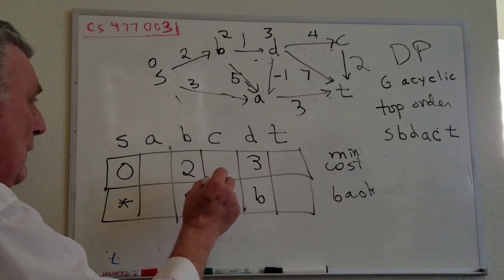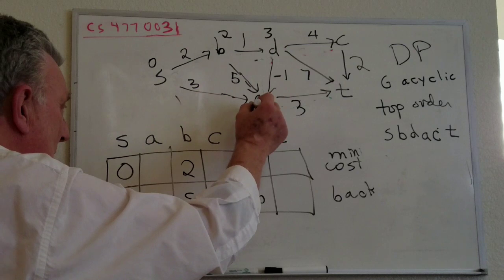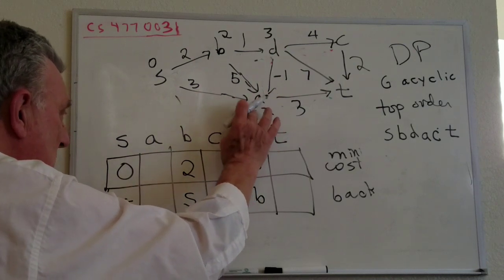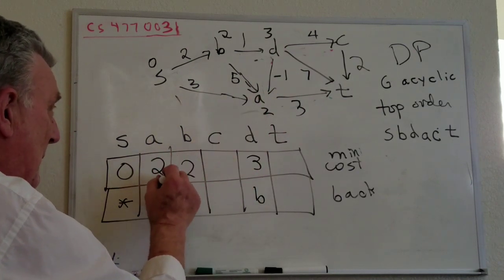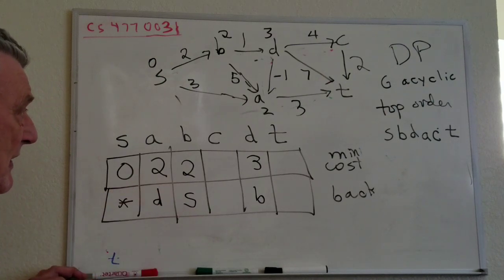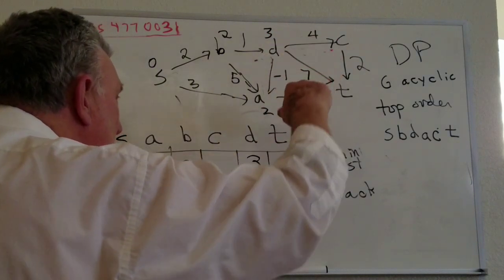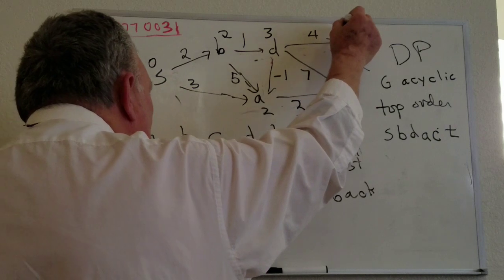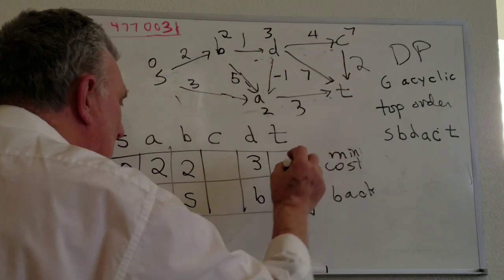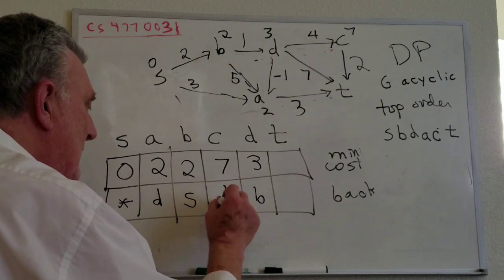So for A, your cost would be 3 plus -1, which is 2, and the back pointer would be D. The next node in the topological order is C, and we can only reach it from D, and D has a cost of 3, so that makes this a 7. So this becomes a 7, and the back pointer is D.